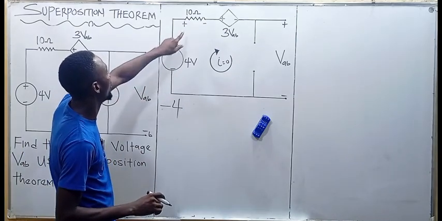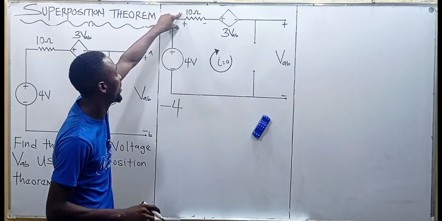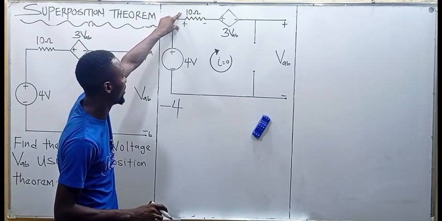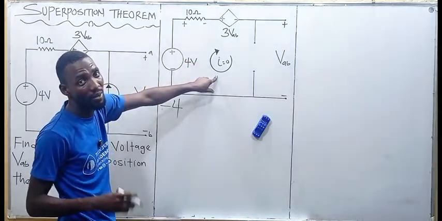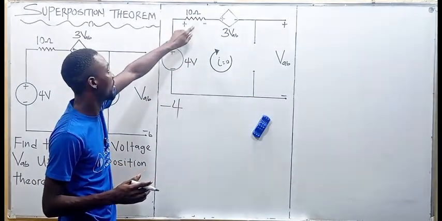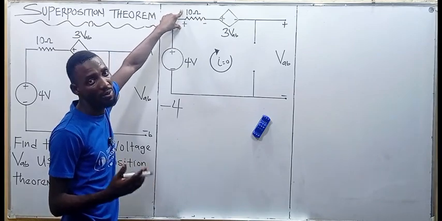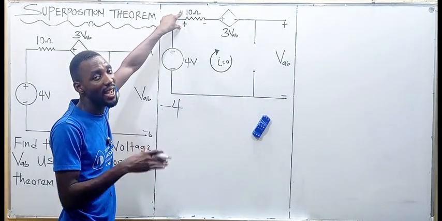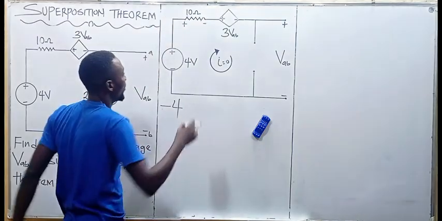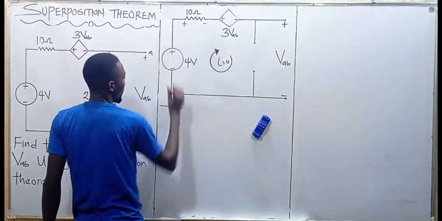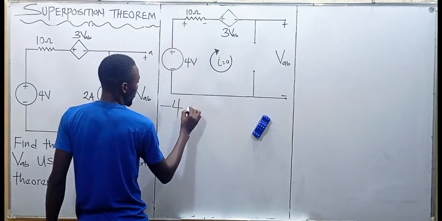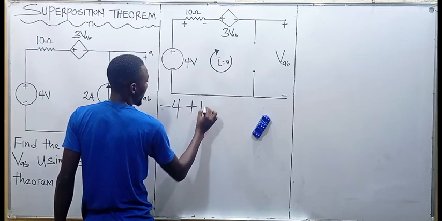Now here we have a 10 ohms resistor, and the voltage across it is V equals IR, that is I multiplied by R. So our I is going to be plus 10I.